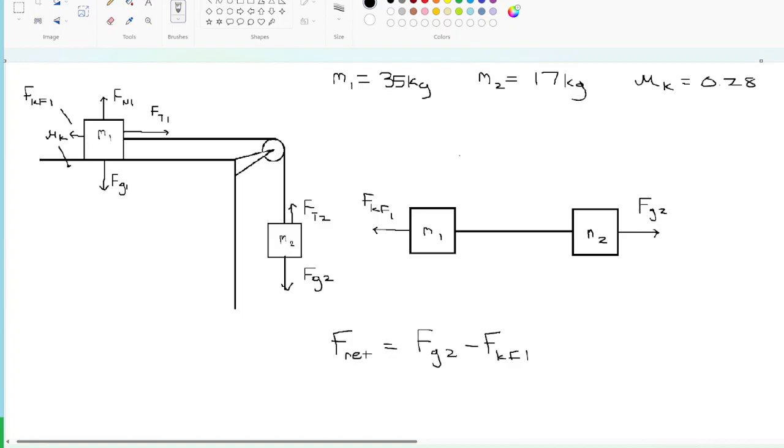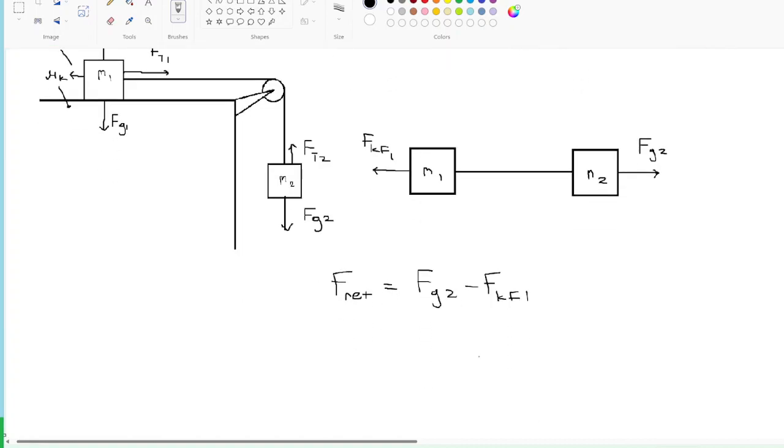If it's kinetic friction, it does not exist until the object is moving. So if the objects are moving, then this force is overcoming that force and accelerating the entire system. Kinetic friction cannot exist without movement. So Fg2 minus Fk1, that's F net.